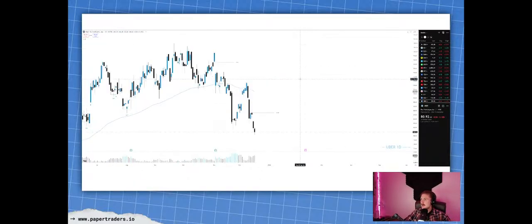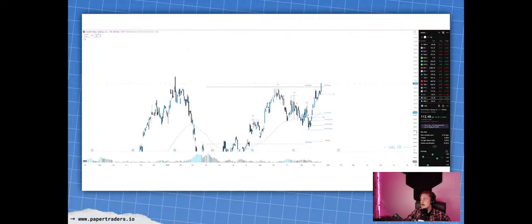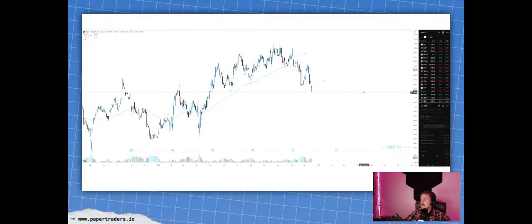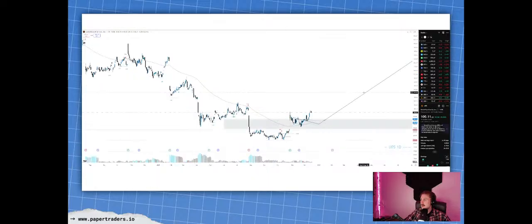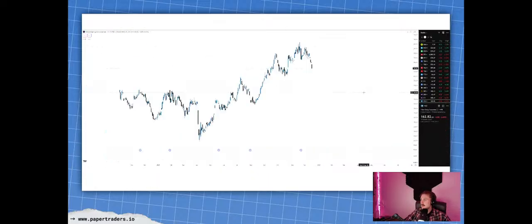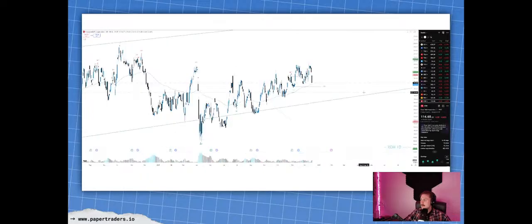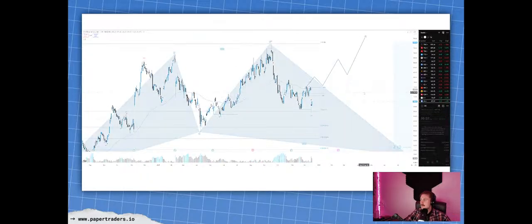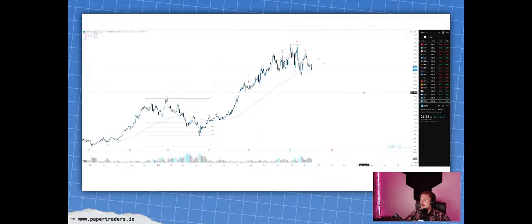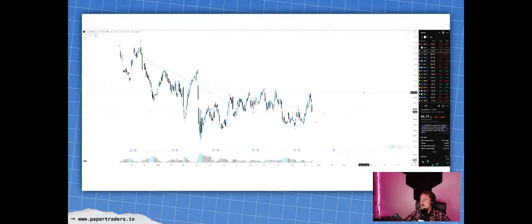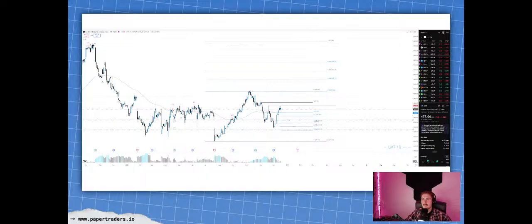TSM, TSLA. Let's see. UAL, nice continuation. Uber, UPS. Need to see VZ. CMCSA. That's all we got. Yeah, we're just going to keep on watching what we got.